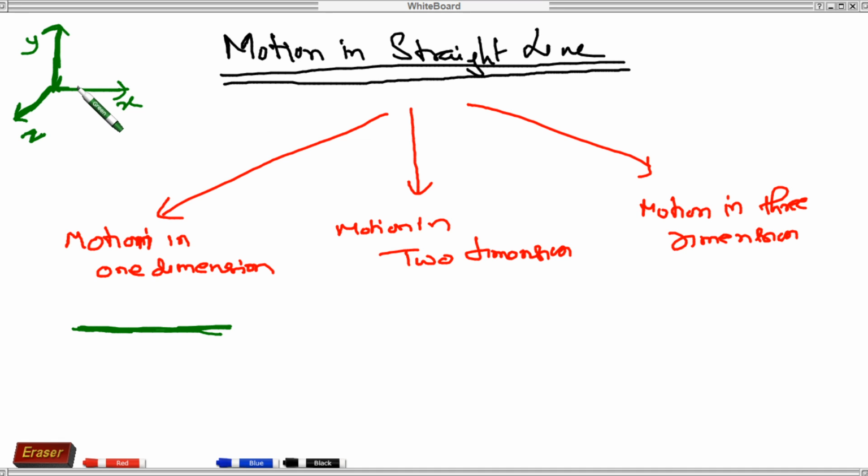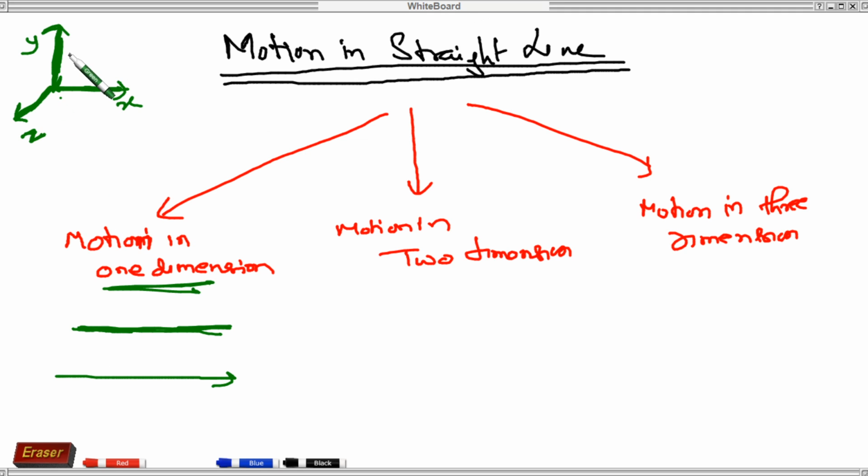If the motion is in any of these axes, it's a one-dimensional motion. If a car is moving in the x direction only, that's a part of one-dimensional motion.